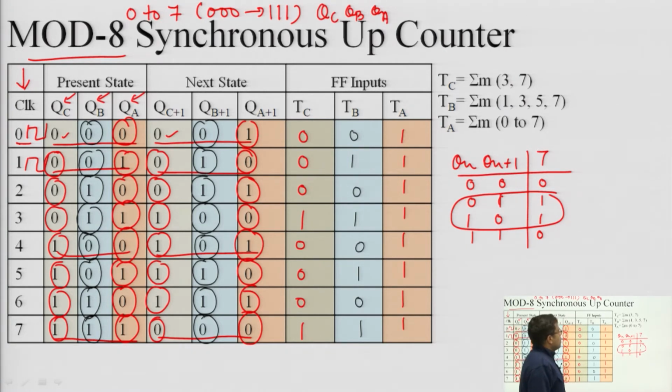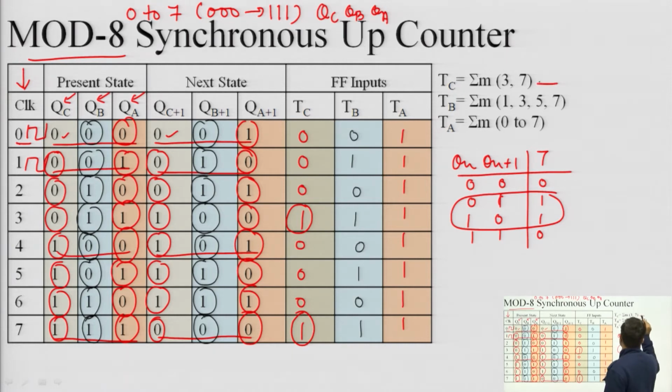From that point of view, we have noted down the minterms. For TC there are two high terms, which correspond to 3 and 7. For TB there are 4 high terms, which correspond to 1, 3, 5, 7, and for TA all terms are high, corresponding to 0 to 7. These are the sets of minterms.